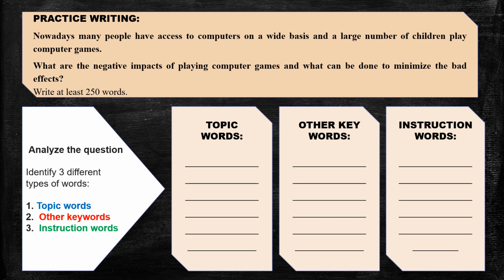So here the problem is children playing computer games. What will happen when children play computer games? Two or three problems. Three problems. What will happen? It will cause health problems for them because they are sitting all the time and playing computer games. They will lose focus in studies and get bad grades.